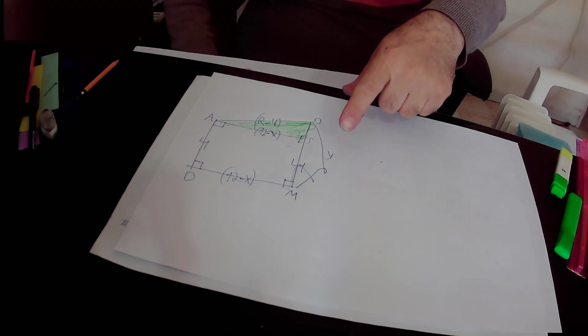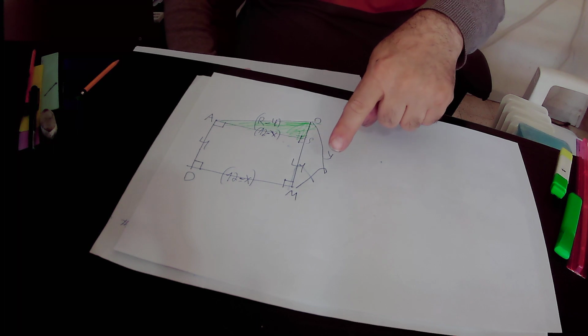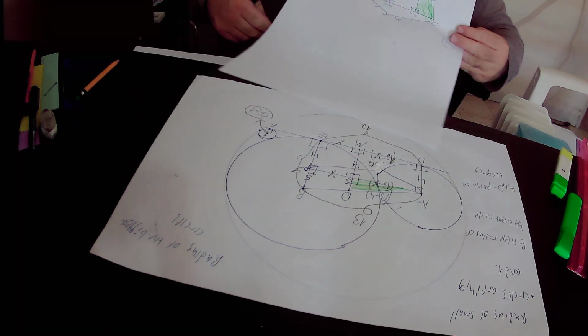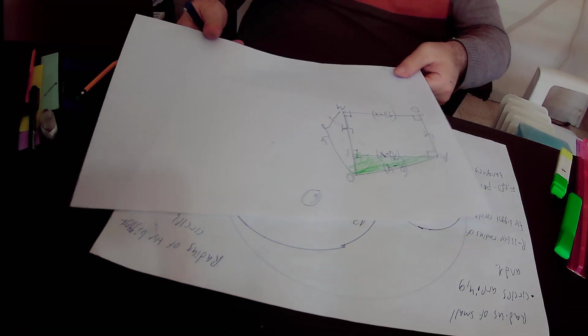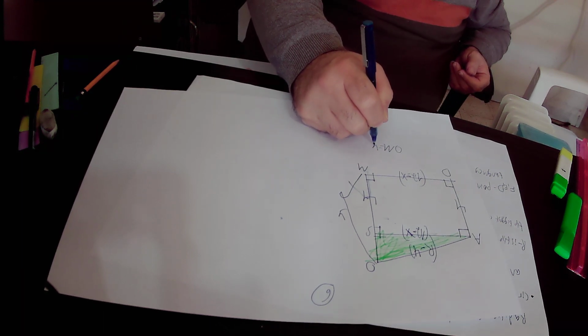Actually, we defined line segment OM as Y. That is to say, OM is equal to Y according to our definition.